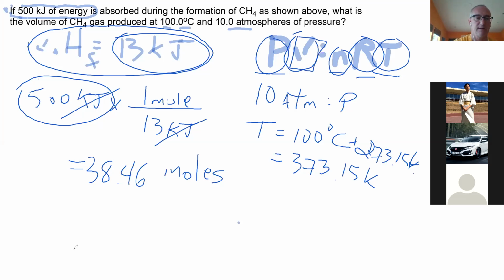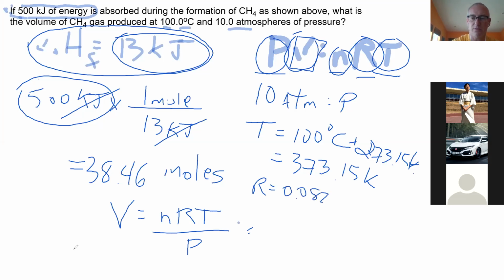So now volume is going to equal nRT divided by P. And remember, R is 0.0821 atmosphere liters per mole Kelvin.